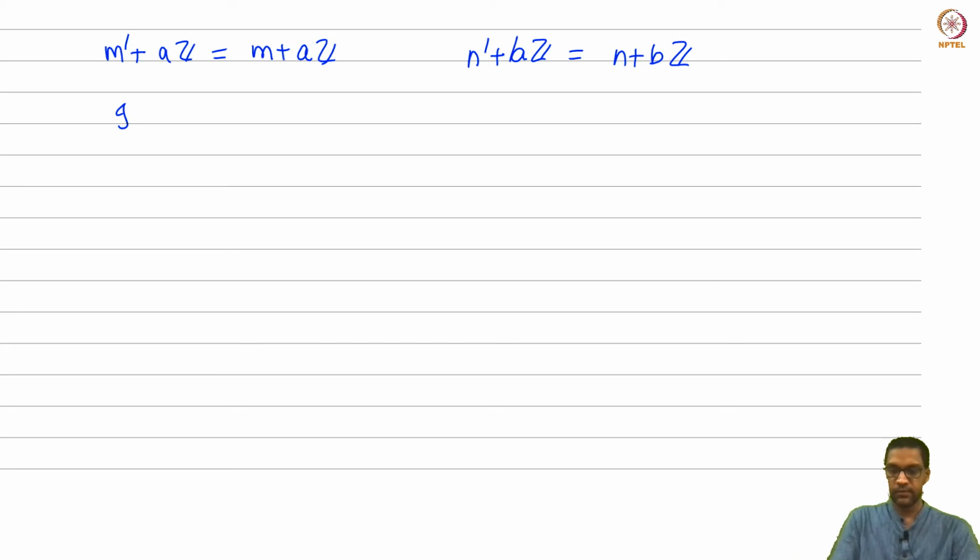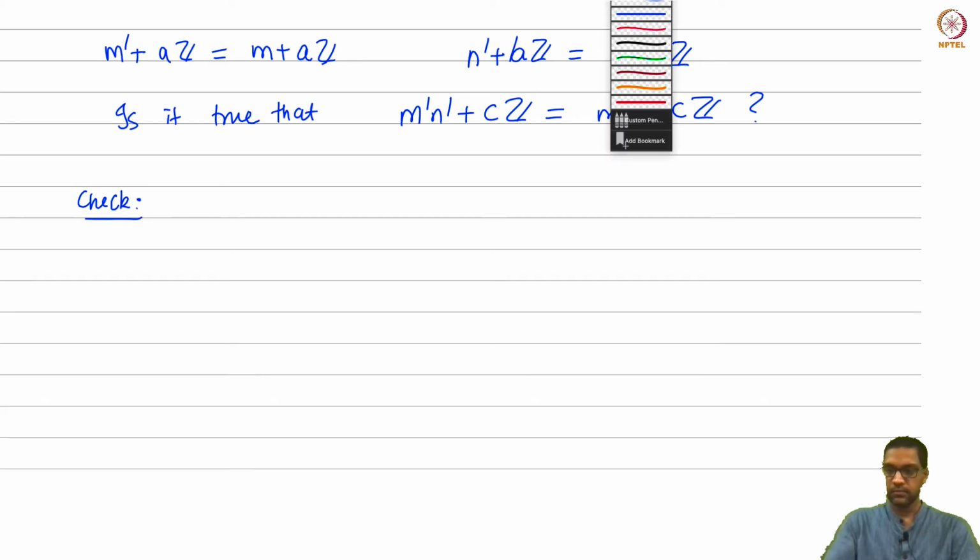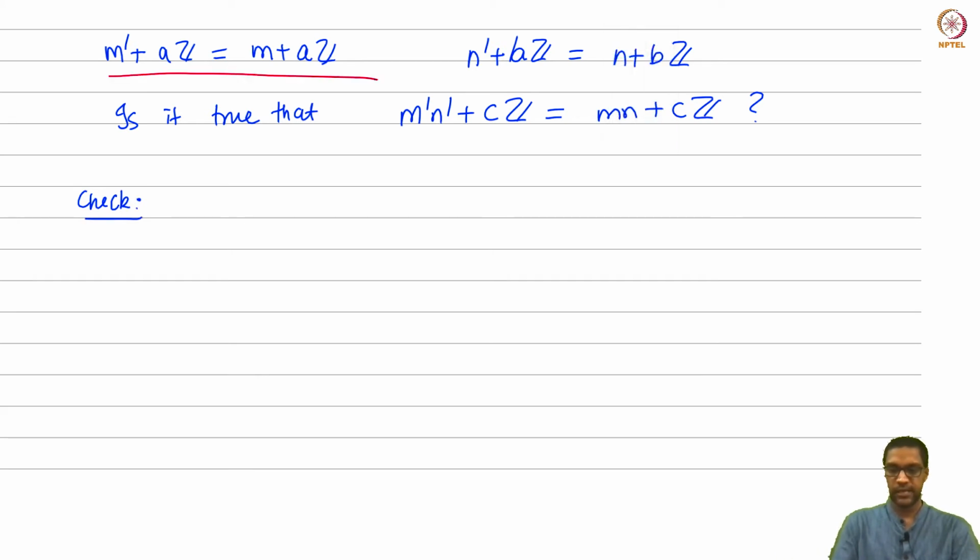Is it true that m prime n prime plus cz gives me the same answer? That's what I need to check. Okay, let's check. What do I know? This tells me that m minus m prime is a multiple of a, belongs to az. So a divides this. This property tells me that n minus n prime belongs to bz, meaning it's a multiple of b.